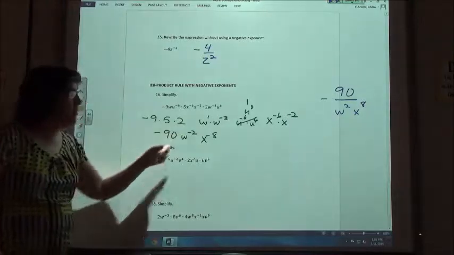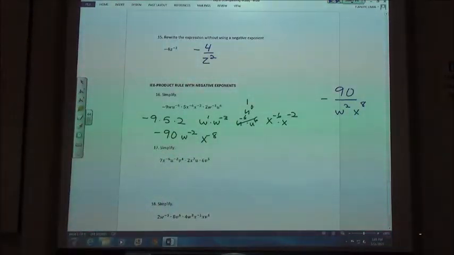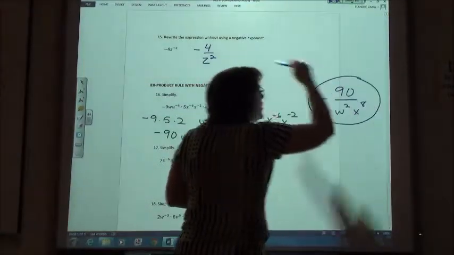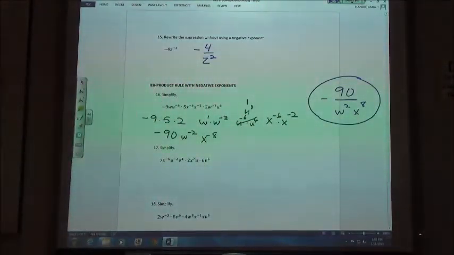Because when I move them down to the bottom, it's going to make those exponents positive instead of negative. And again, they'll put the negative in front of the fraction instead of on top. It's just a picky thing. But that's how my answer would then end up looking.